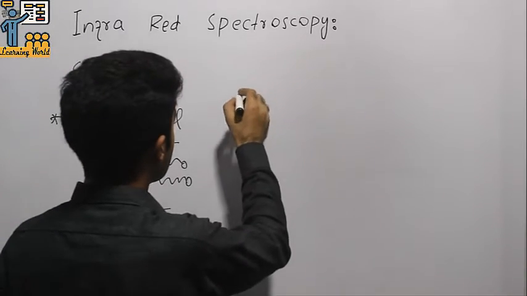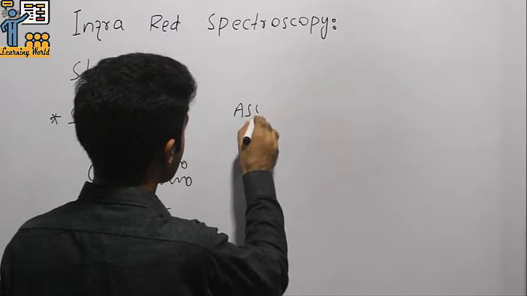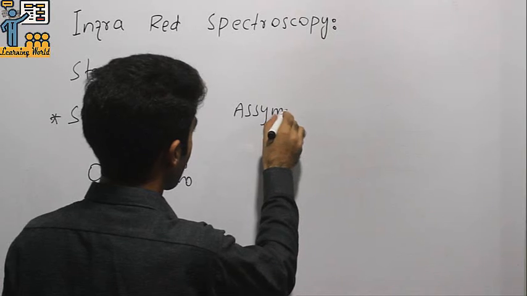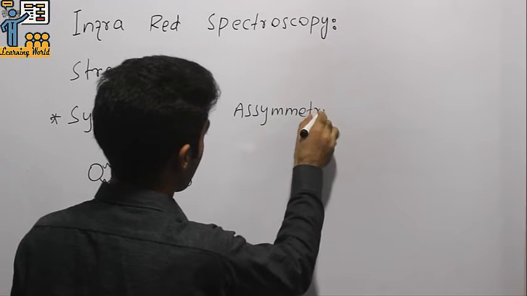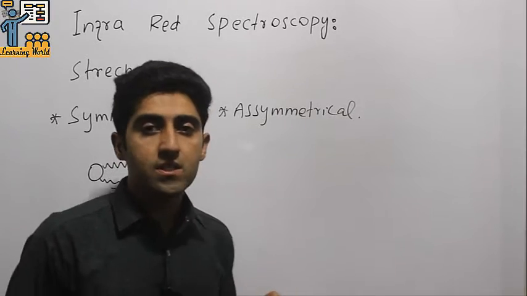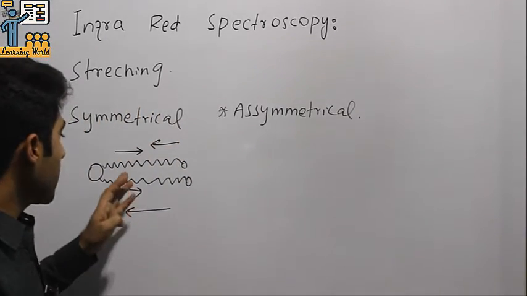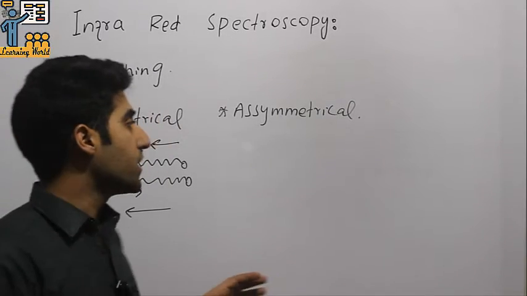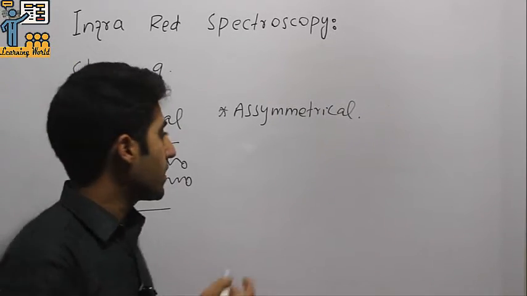Now the second is asymmetrical stretching. In asymmetrical stretching, one of the interatomic bonds, one of the springs, will increase and the other will decrease. They will not be the same.